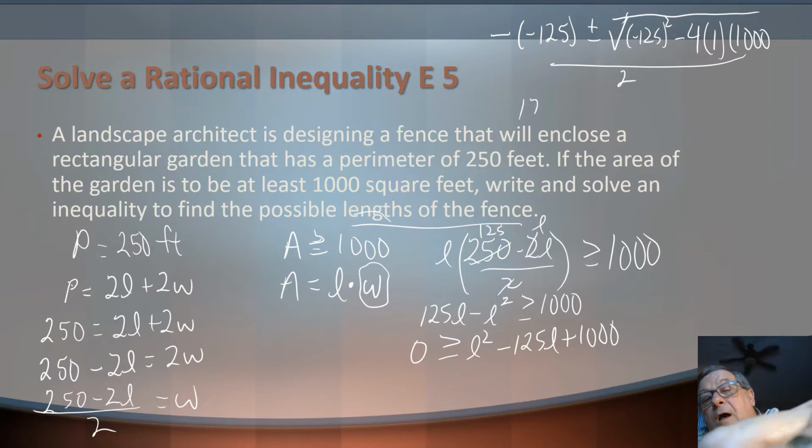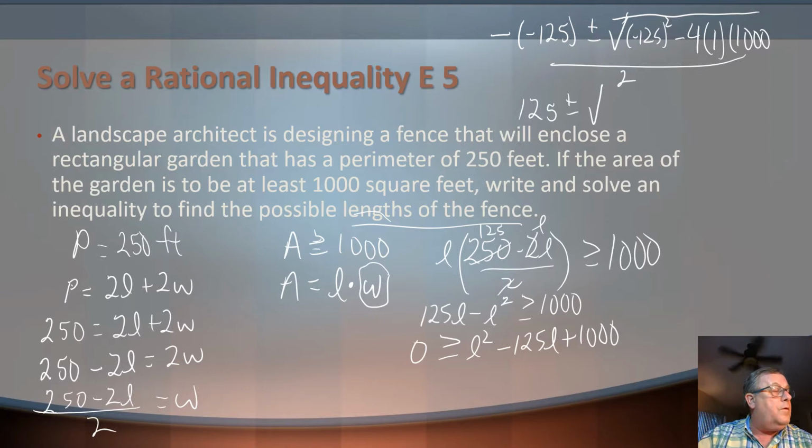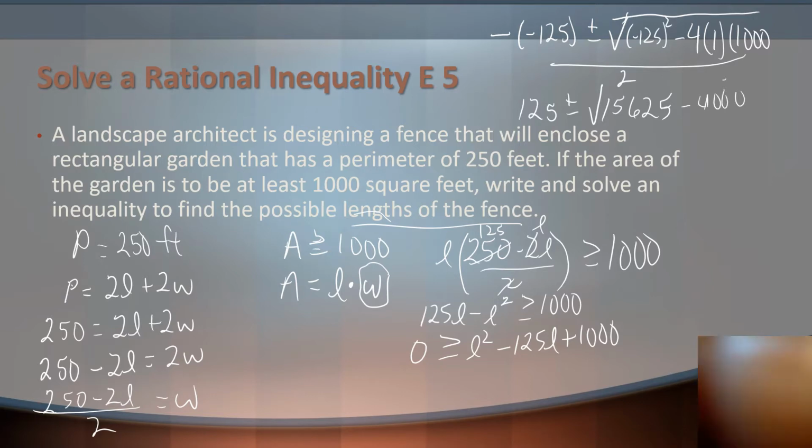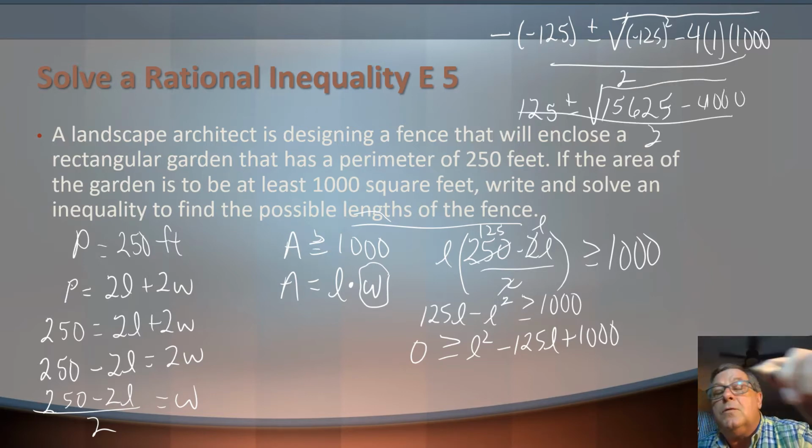So it'll be 125 plus or minus the square root of, what is 125 squared? 125 squared, that's 15,625, minus 4 times 1 times 1,000, which is 4,000. And again, that's all divided by 2.